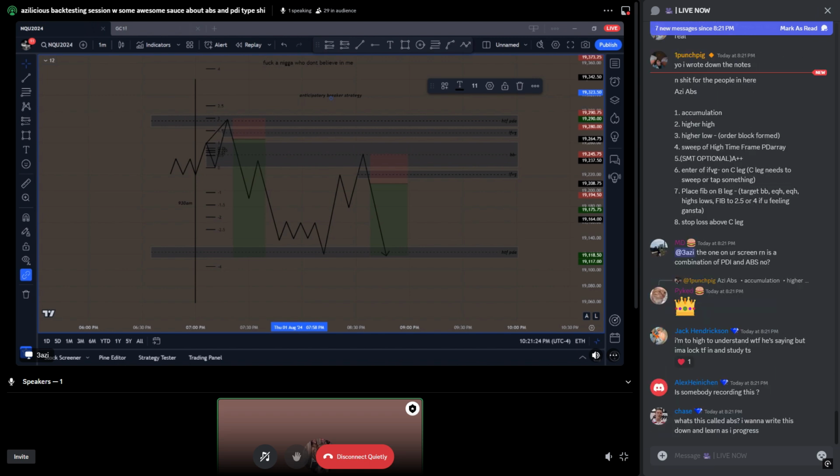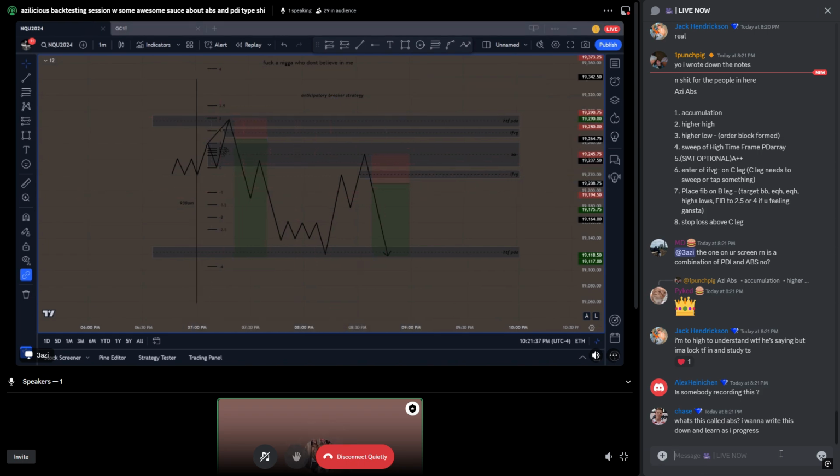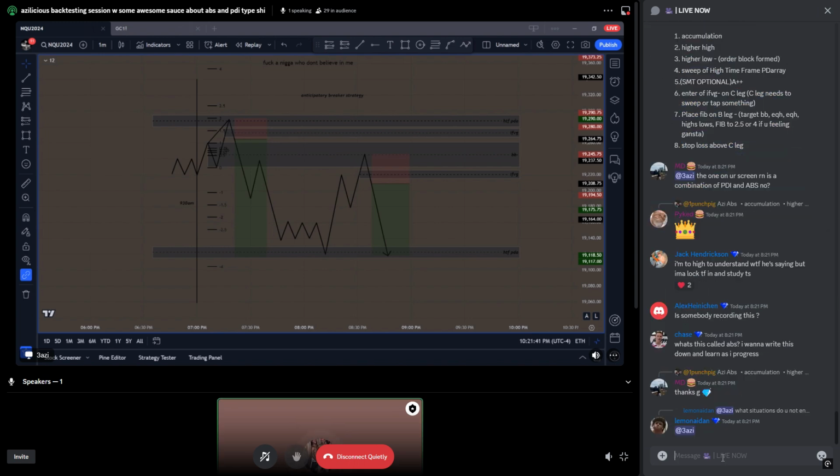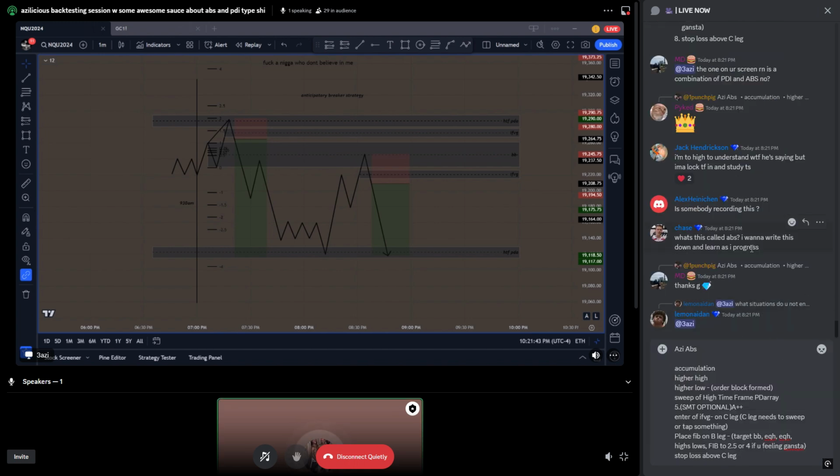I look at where we are playing. Are we playing in high time frame repeat areas, etc.? And then I'm gonna look for a potential setup, my entry model. This is simply just an entry model. The rest is determining where drawn liquidity is, etc. The one on your screen right now is a combination of PDA and ABS. Yes, it is. I'm gonna get into PDA in just a second.